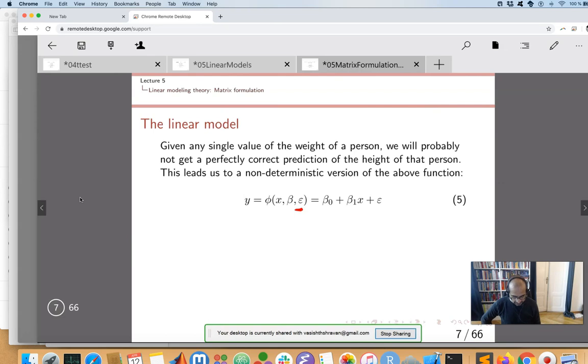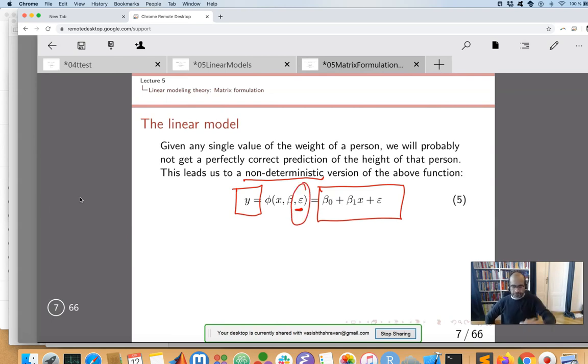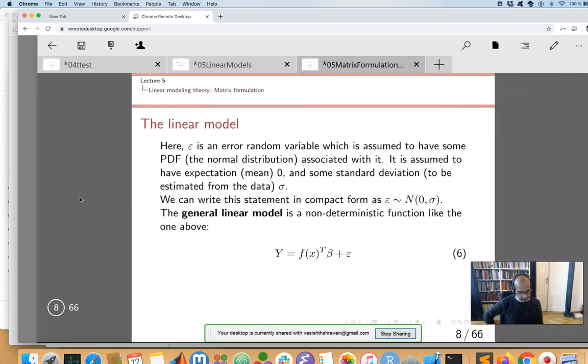So that's what gives us this linear model framework, where I've got some observed value, the dependent variable y, and I'm trying to predict those values from my predictor x, but there is some variability that is characterized by the random variable epsilon, as I discussed earlier. So now what we have is a non-deterministic version of the original function phi, because there's some random variability included in this function.